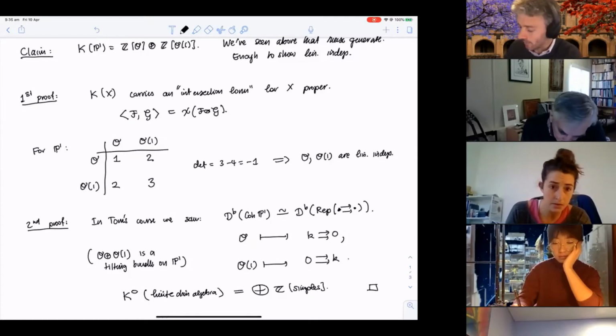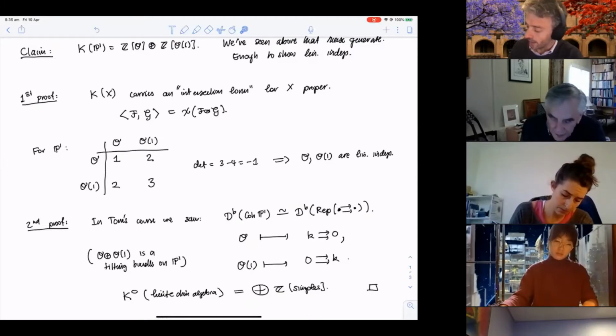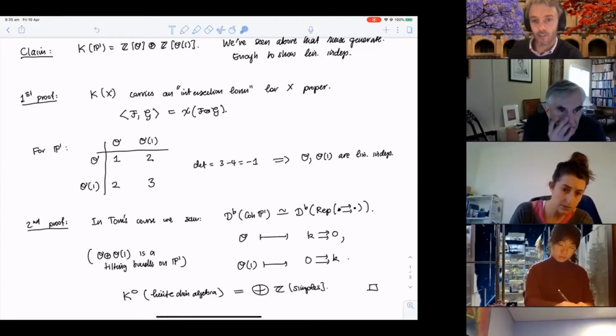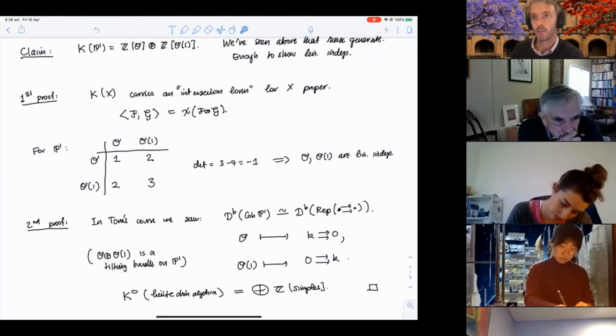The reason that I'm giving this approach is that it illustrates the fact that often derived equivalences give you interesting facts about K theory. So you might have a derived equivalence that gives you two very different bases, for example, in K theory.